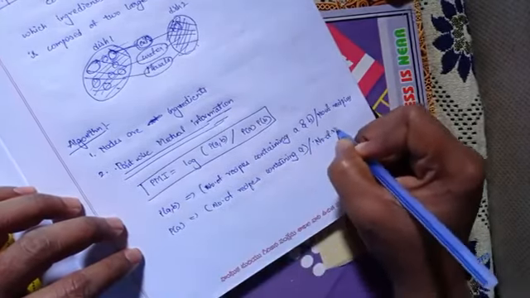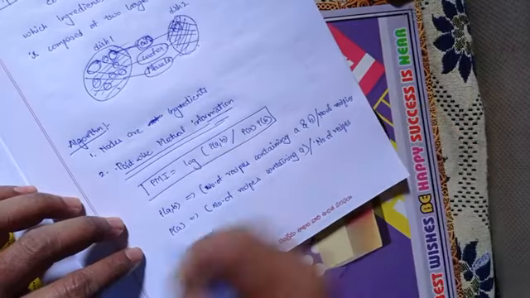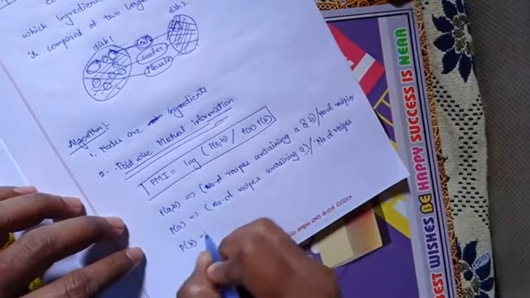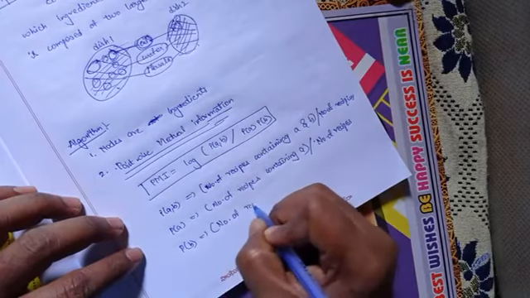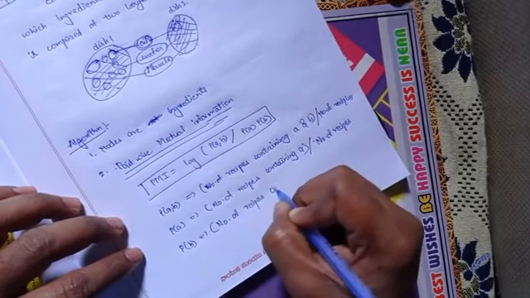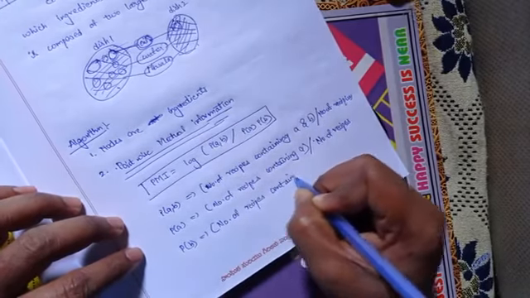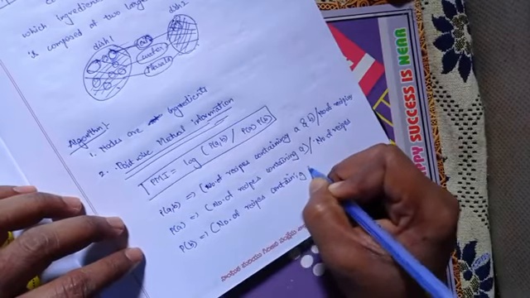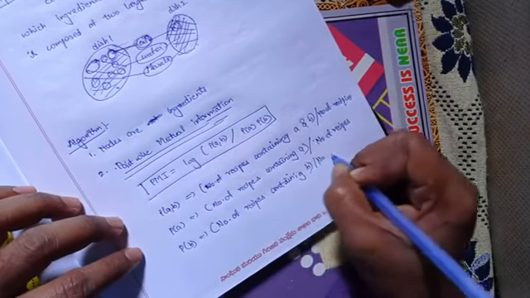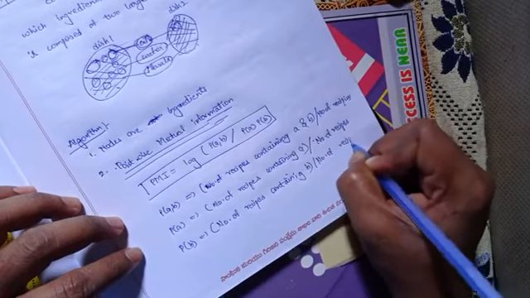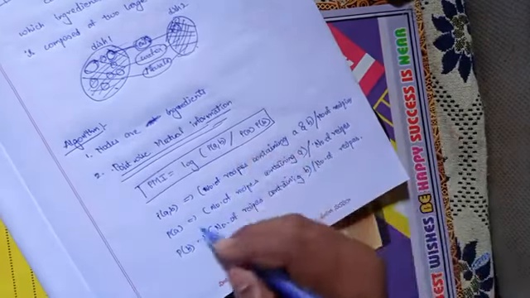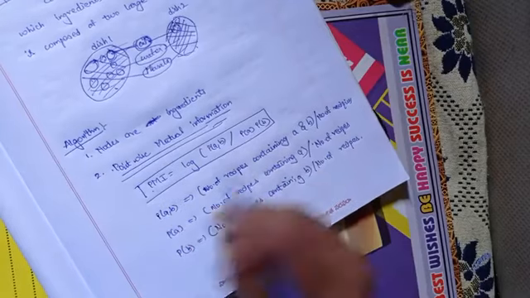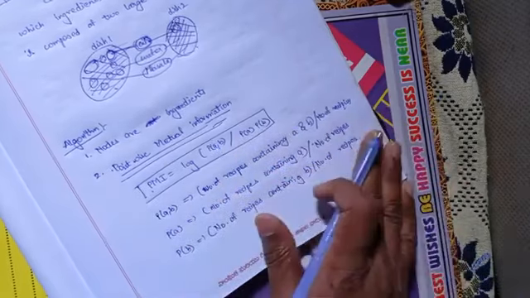And probability of B is nothing but the number of recipes containing B by number of recipes. So what we have done, we have calculated the PMI, that is pointwise mutual information, from each and every recipe.